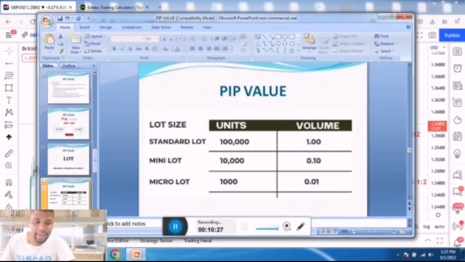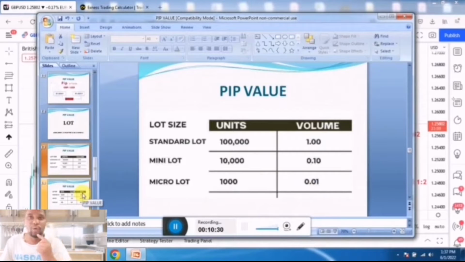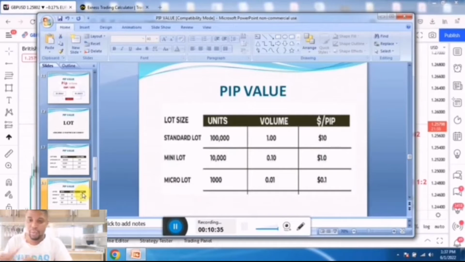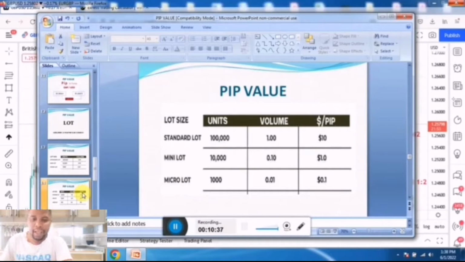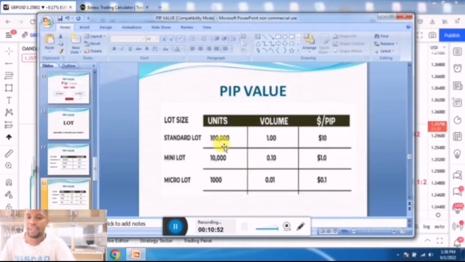Okay, remember that we said that these things go together. So now let us get into our discussion that we wanted to talk about here today. With a standard lot, if we are opening a standard lot position on your platform, let's say you are going to buy GBP USD. If you open a standard lot position, a 1 pip move from one point to another will cost you a straight $10.